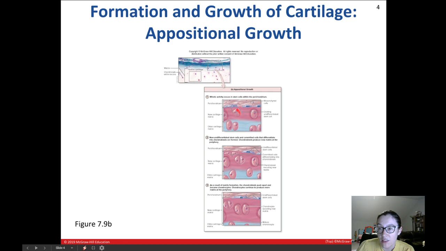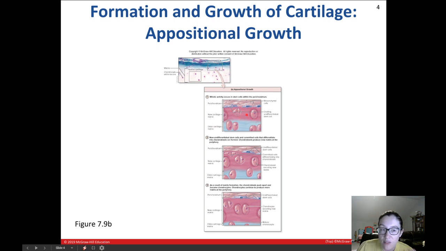Then those cells will differentiate and become chondroblasts. So all of these stem cells are going to start differentiating into these chondroblasts, and these chondroblasts are then going to secrete matrix around themselves. They were undifferentiated stem cells, then they differentiate and become chondroblasts, and you can see all of this pink here, this is all new matrix.